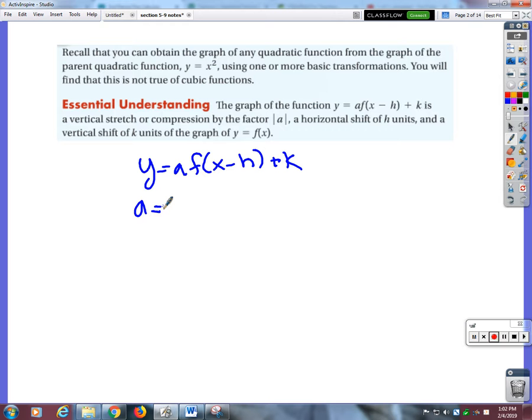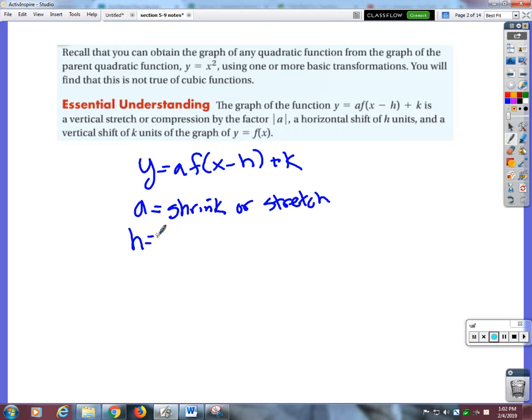This is transformations of polynomials. It could be a shrink or a stretch. So if you multiply by a number, you get a shrink or a stretch. Okay?